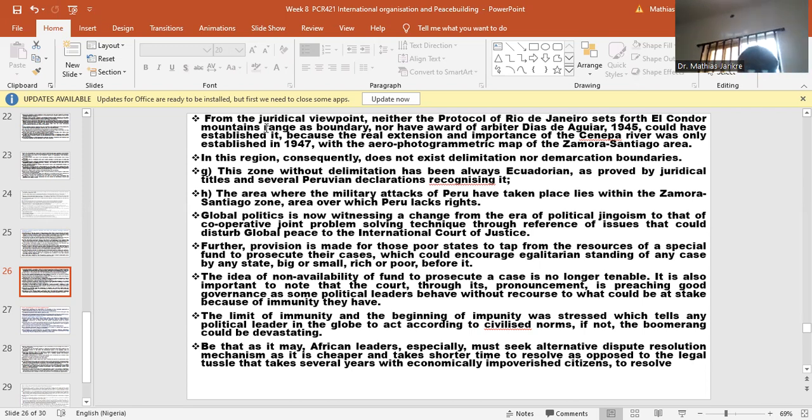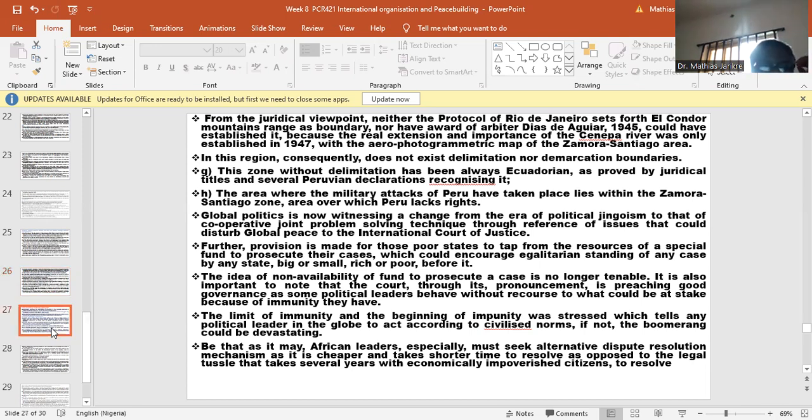If not, the boomerang could be devastating. Be that as it may, African leaders especially must seek alternative dispute resolution mechanisms, as it is cheaper and takes a shorter time to resolve, as opposed to the legal tussle that takes several years with economically impoverished citizens.